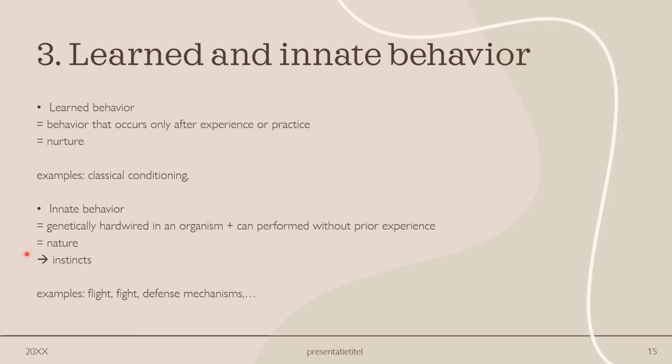Innate behavior is most of the time more like a reflex. You just do it because that's the nature in your body that tells you to act on something, but it's not that flexible to adapt to a certain situation.